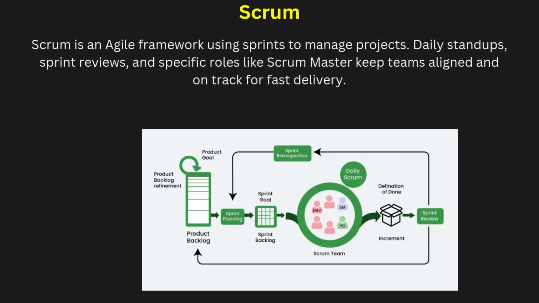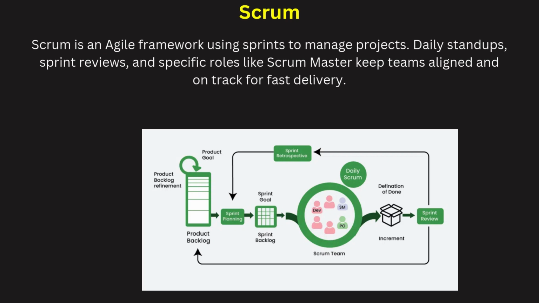Daily stand up meetings, sprint planning, and sprint review ensure transparency and collaboration. Scrum is best suited for fast moving, evolving projects where team collaboration and quick turnarounds are crucial, such as in startups or software product development teams.